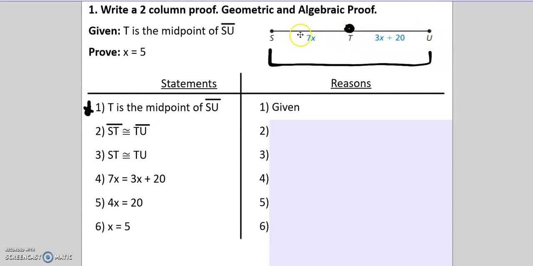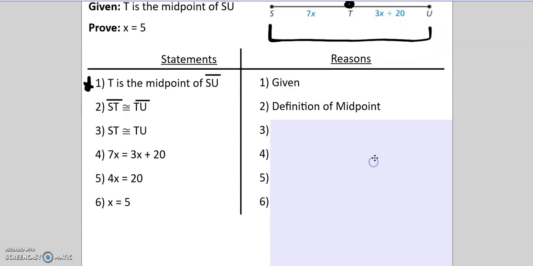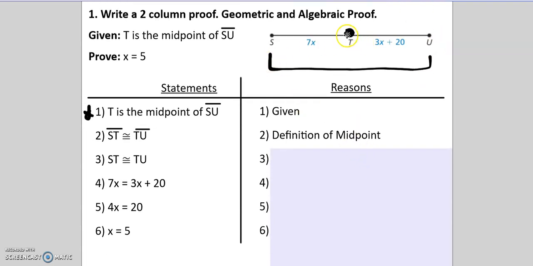Okay, think about why I can say that segment ST is congruent to segment TU. Hopefully you're thinking about the definition of a midpoint. They just told me T was a midpoint. Why is that helpful? Because now we know that ST is congruent to TU. Notice our third statement.